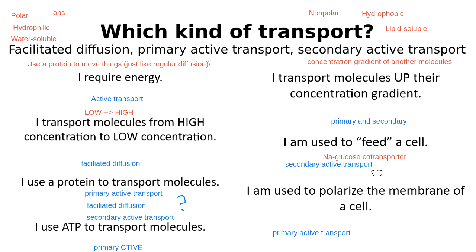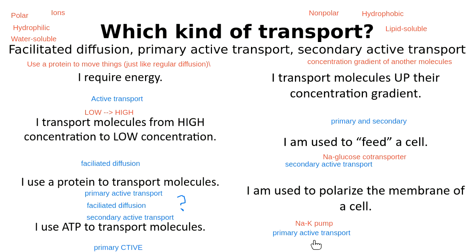When we talk about polarizing the membrane, the example for polarizing the membrane was the sodium potassium pump. That was our specific example of primary active transport. And remind me again, when I do primary active, where does the energy come from?